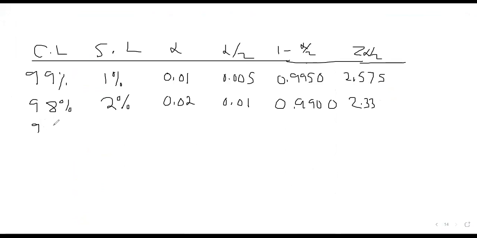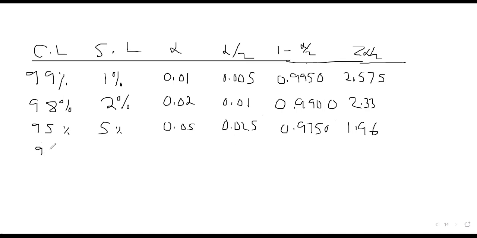So 95%, when you subtract from 100, is 5%. Divide 5% by 100 and it is 0.05. Then 0.05 we divide by 2 to get 0.025. When you subtract it from 1, we get 0.975. If you read it from inside the table, we see it at 1.96.